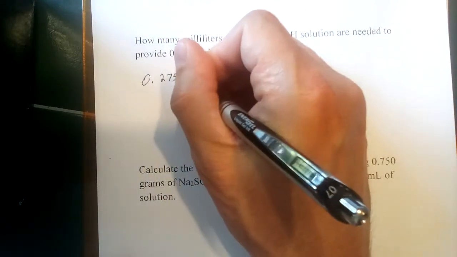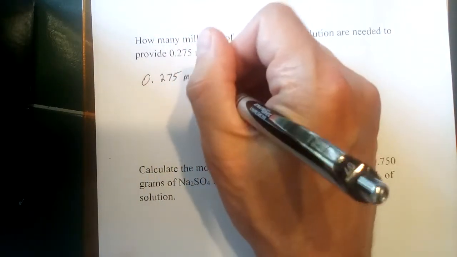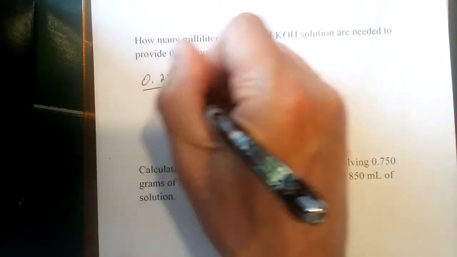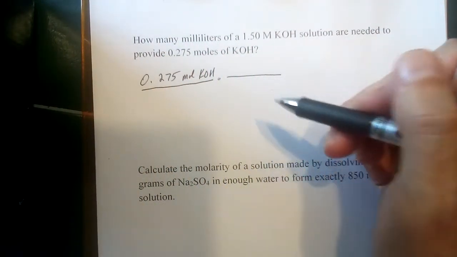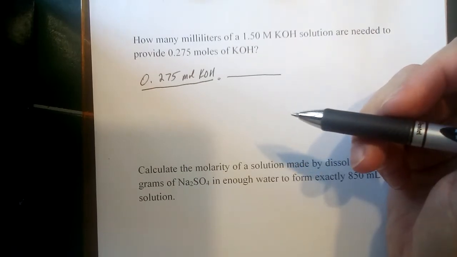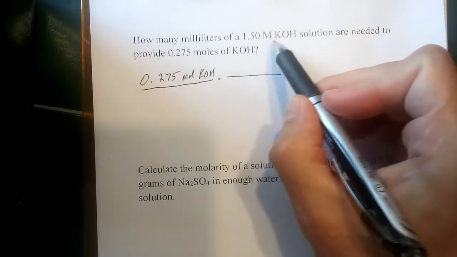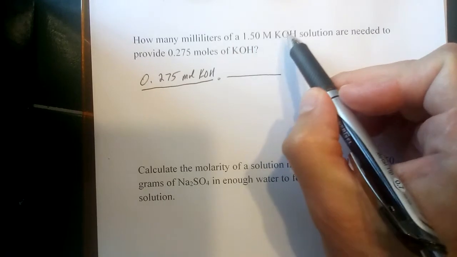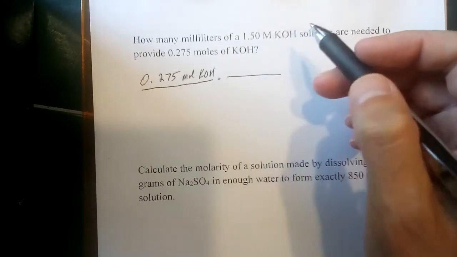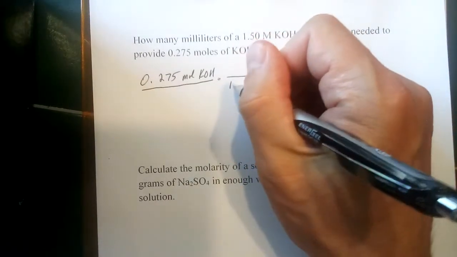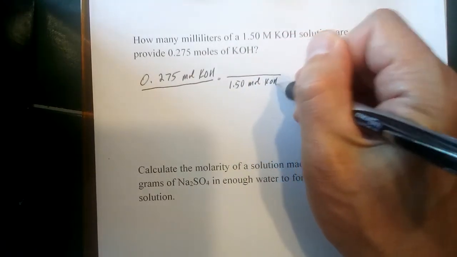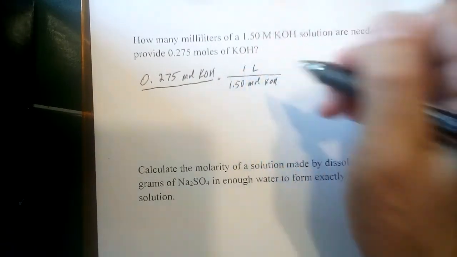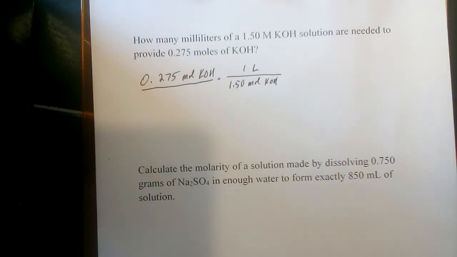Start with the quantity of moles we want here, KOH. And in the second step, we want to put moles on the bottom. Remember, we're trying to cancel out moles here in our units. Since this is 1.50 moles of potassium hydroxide per liter of solution, I'm just going to invert it and put the 1.50 moles of KOH on the bottom, and that would put the 1 liter of solution on top.